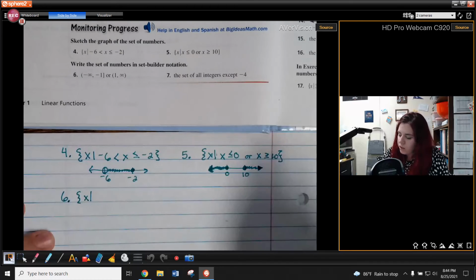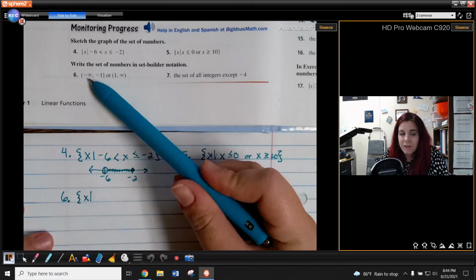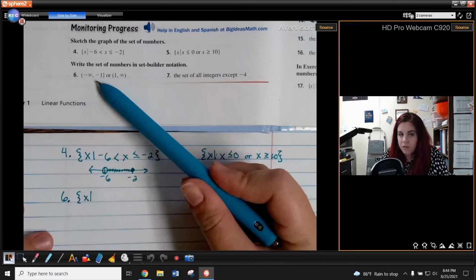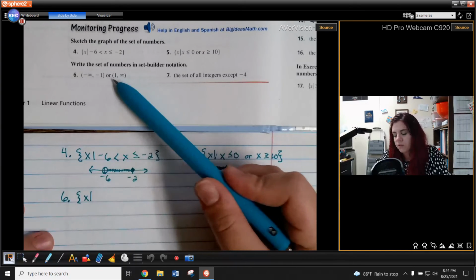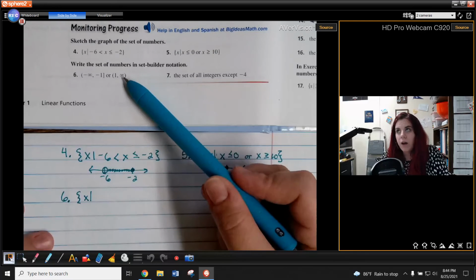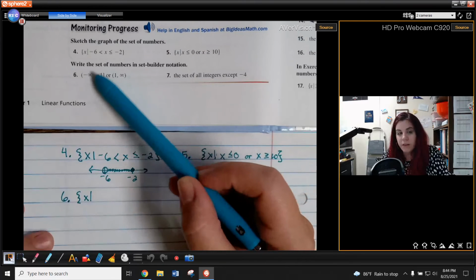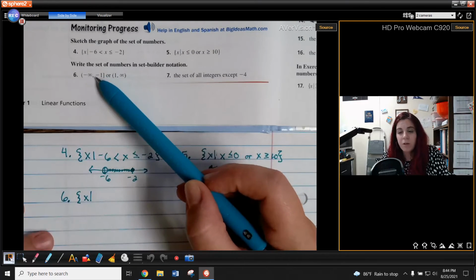Right here they're telling me that we're going from -infinity to -1. And then we're skipping some numbers and then saying +1 to infinity. Just reading this left side, this is talking about all numbers that are smaller than -1.